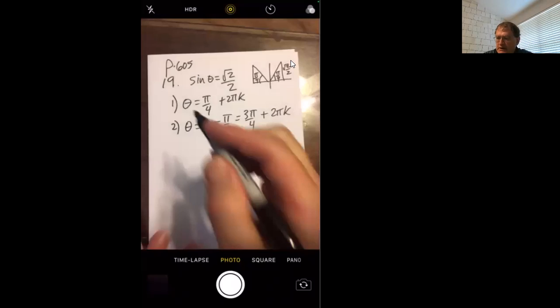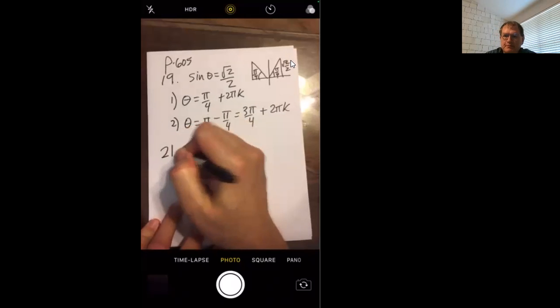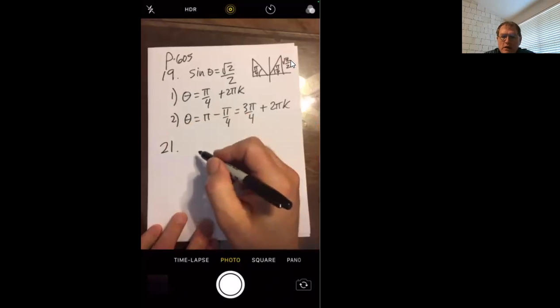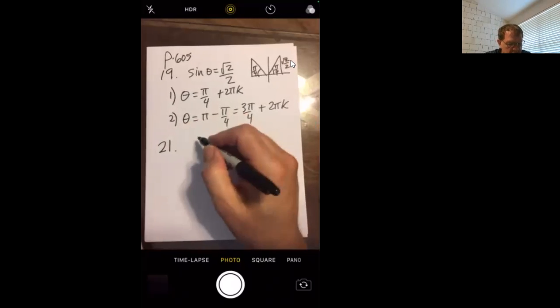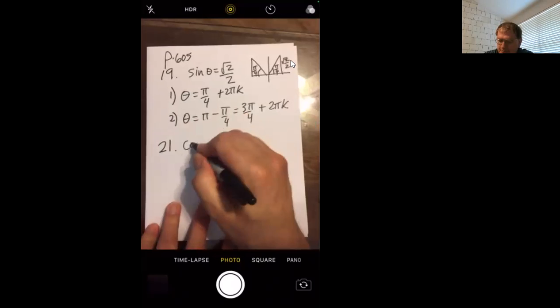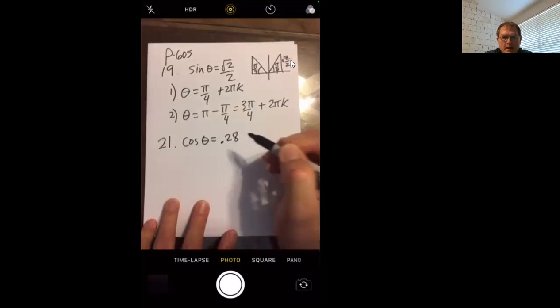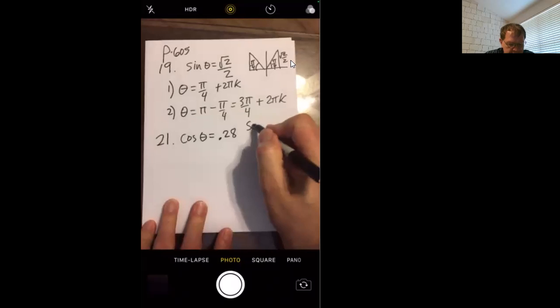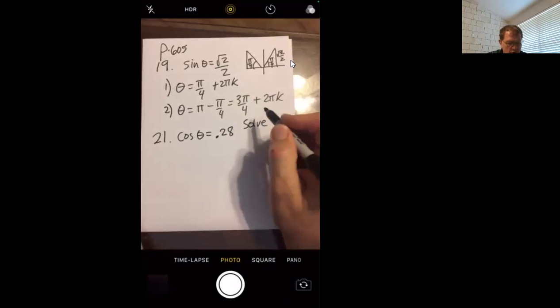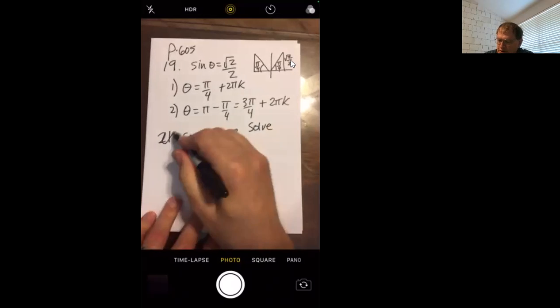All right, why don't we try one like 21? On 21, we're taking cosine theta equals 0.28, and we're trying to solve. On this one, oh, wait a minute. I'm sorry, I jumped in too soon.